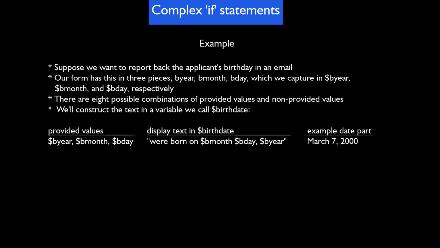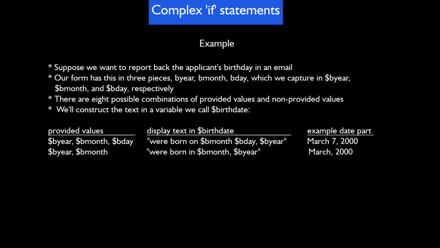So if the user supplies year, month, and day, the text we will display in the email in $birthdate is, "You were born on $Bmonth $Bday, $Byear." So it'll look like March 7th, 2000. If they don't supply a day, just a year and a month, then we'll say, "You were born in $Bmonth, $Byear."